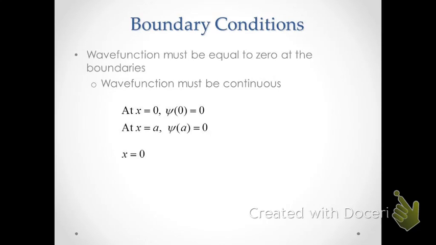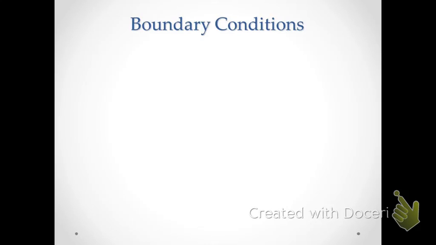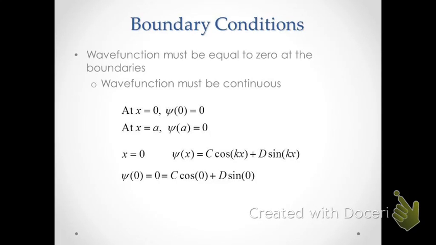All right, let's first consider the boundary where x is equal to 0. Here's our wave function in terms of our cosine and sine functions, and we're going to look at what happens when x is equal to 0. So here we have taken x, set it equal to 0, and plugged it into the expression. The cosine of 0 is equal to 1, and the sine of 0 is equal to 0.